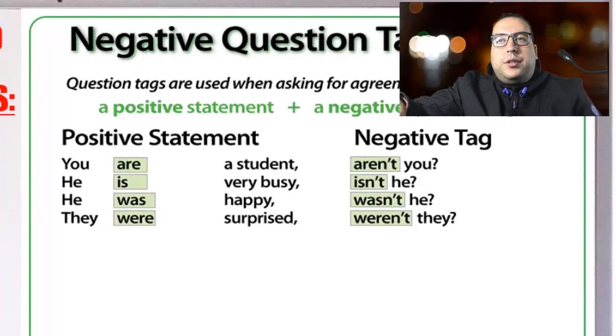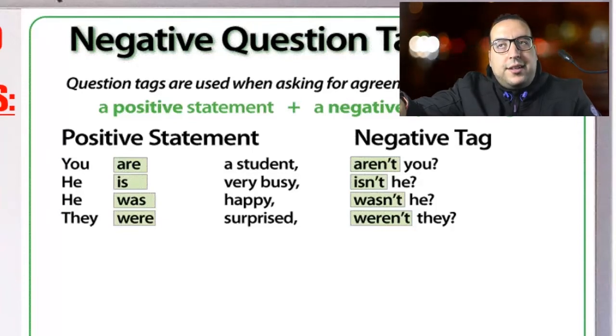He was happy, wasn't he? Now what's the difference between the two examples and the third one? In the first ones we have are and is, which is the presence of the verb to be. And here we have he was happy, wasn't he? They were surprised, weren't they?